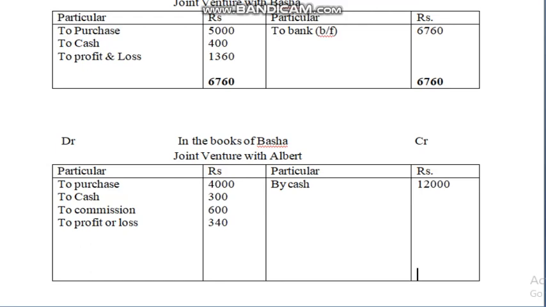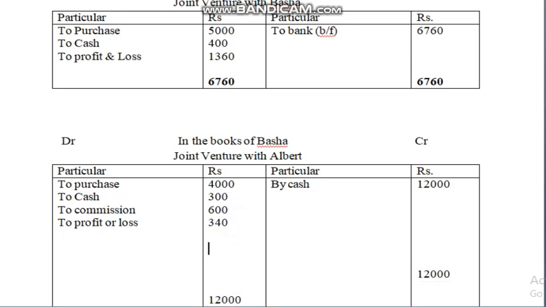Now make the balance of Basha's account. Both sides 12,000, because the credit side is more than the debit side. Now the balance figure will be 6,760 rupees. So to bank account, the balancing figure is the final settlement made to Basha.